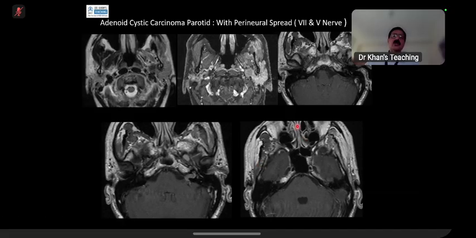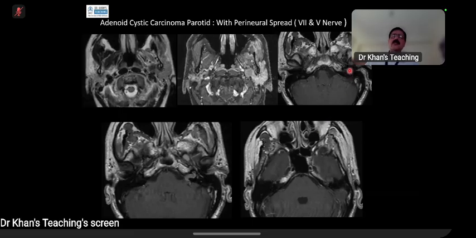In this case, from the deep lobe of the parotid, there was an adenoid cystic carcinoma sitting there. And these scans were brain scans. Actually, they are not classical high resolution fat saturated for temporal bone. But if you look carefully, you can see this dot where I am pointing.